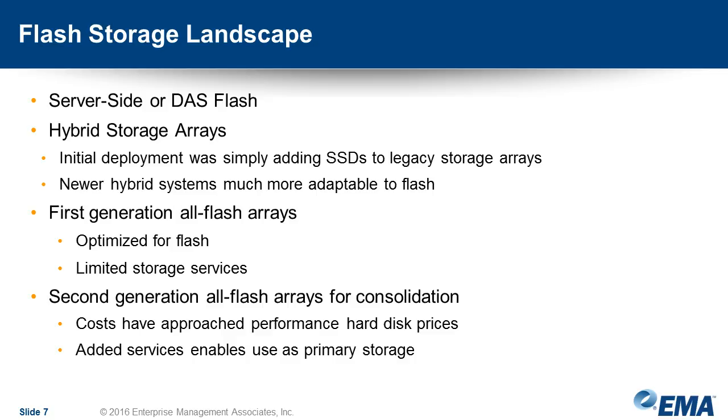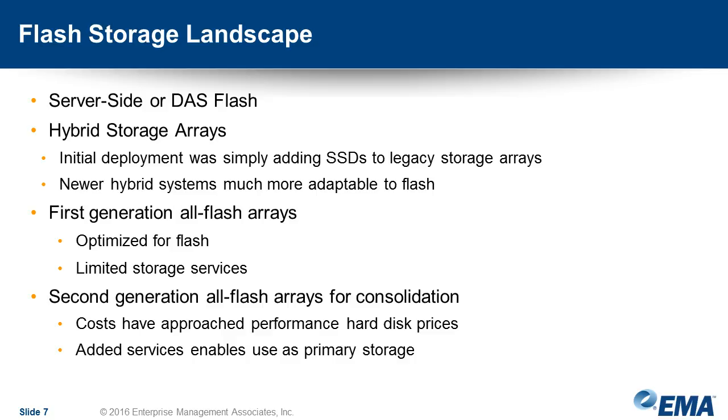And now we have what I refer to as second generation all-flash systems. Processing has increased, thanks to Moore's Law, to a point where storage services can now be deployed without impacting the flash performance itself. Also, flash pricing and costs have now approached, and in some cases gotten better than, the 15K and 10K high-performance spinning disk drives that were typically used for primary storage.